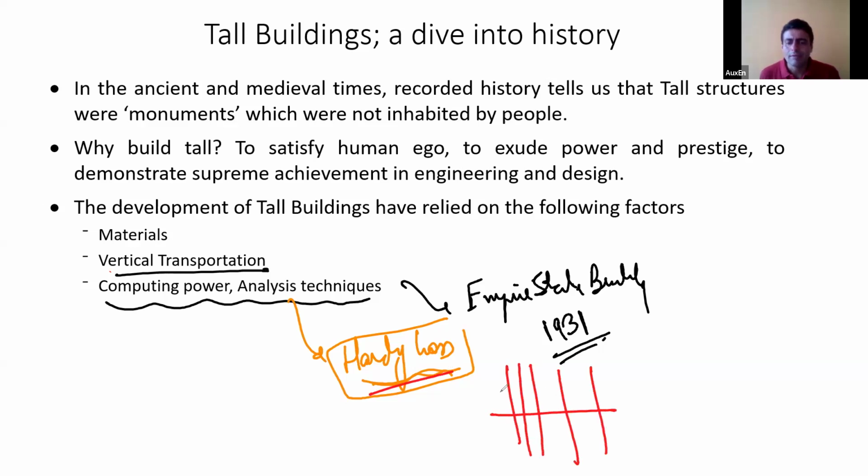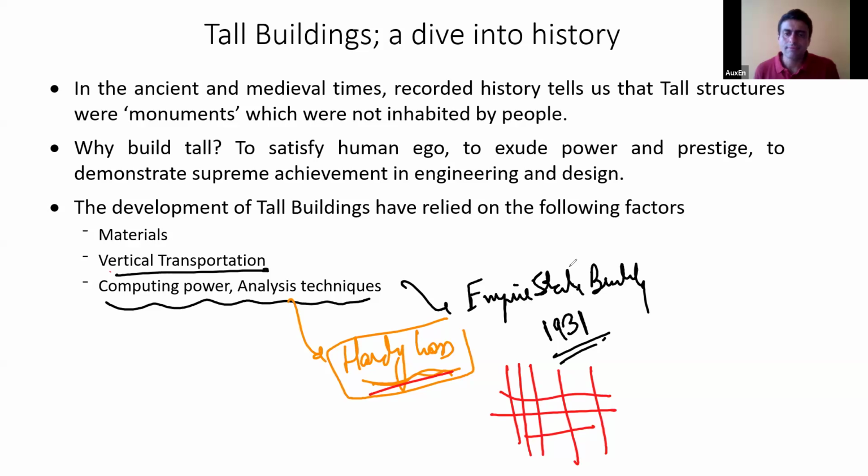Obviously, because of the limited analysis capabilities, you could not do a lot of analysis, because there's a limit to the manual calculations that you can perform. So the systems had to be simple, the shapes had to be simple, the structural system had to be simple, because you could not analyze complicated systems.